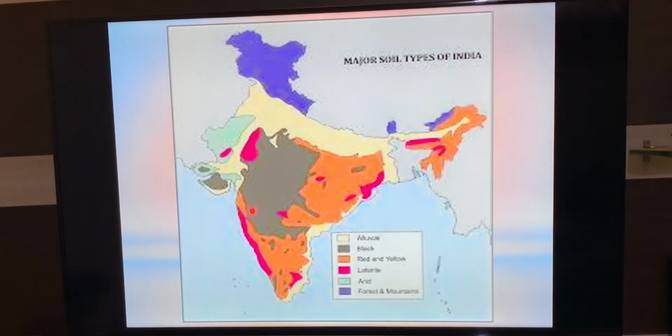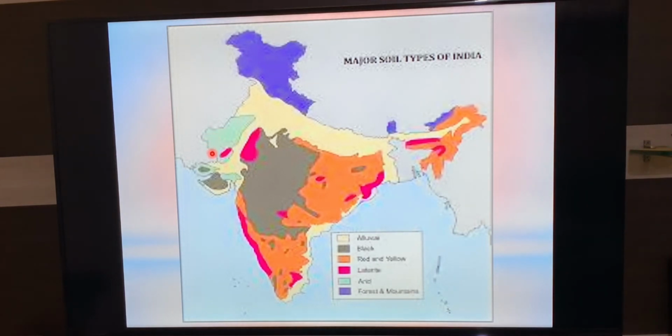It is mainly found in uplands, that is, in mountain regions, like the Western Ghats, Eastern Ghats, Vindhya ranges, Satpura ranges, Chota Nagpur plateau, Meghalaya plateau. It is used for the cultivation of cashew, rubber, tea, coffee and paddy.